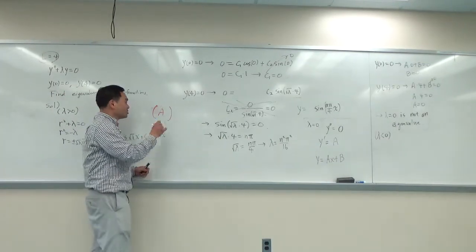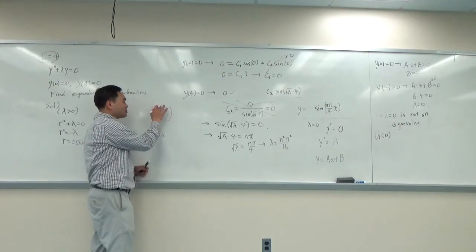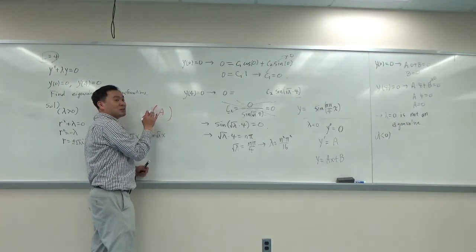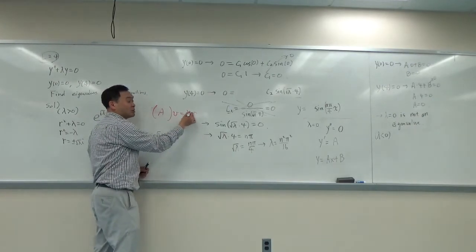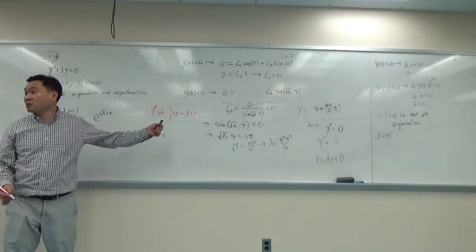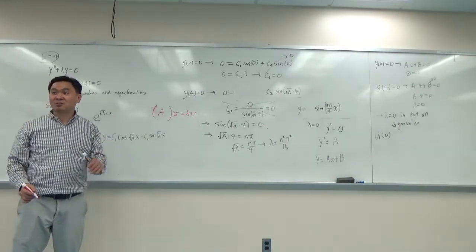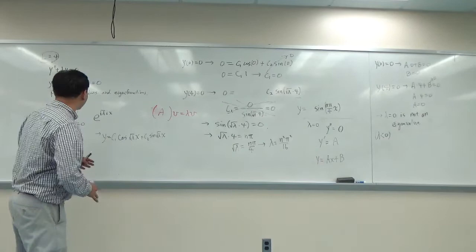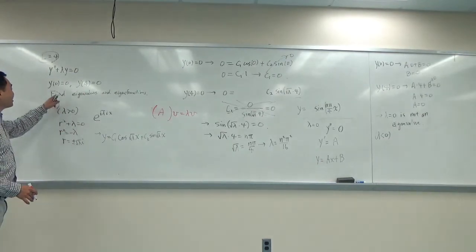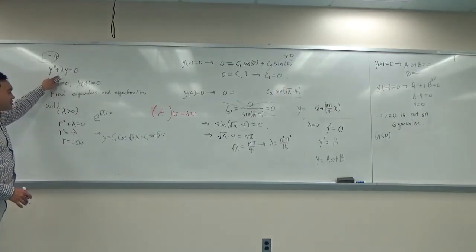Well, some of you didn't take linear algebra. That's a pity. But being an eigenvector means A times V equals lambda times V. That's what an eigenvector is. Those who are nodding, why are you quiet? You should answer.